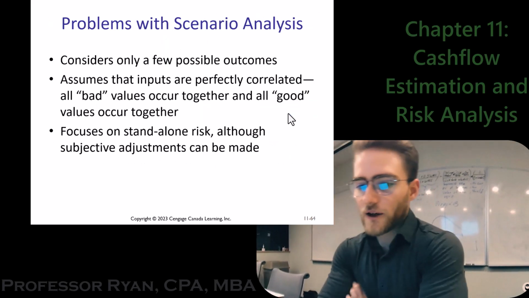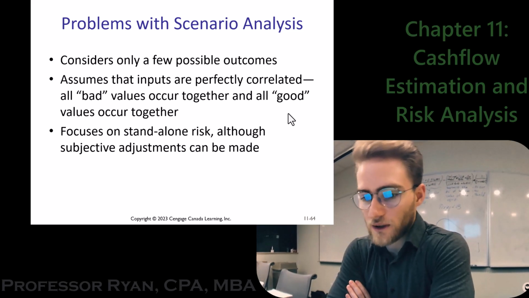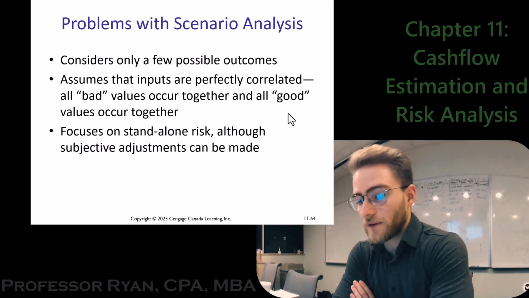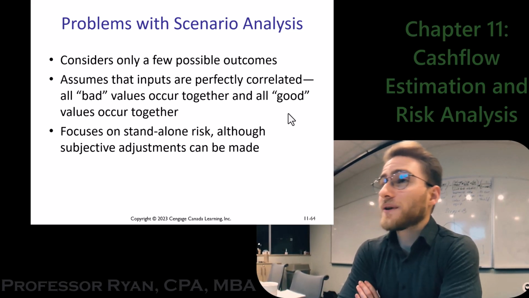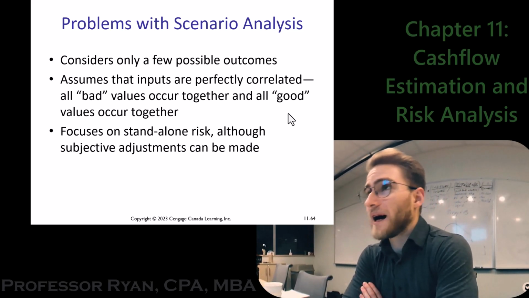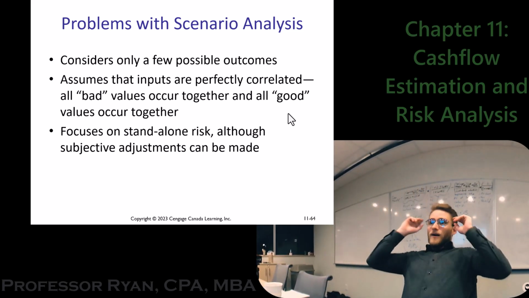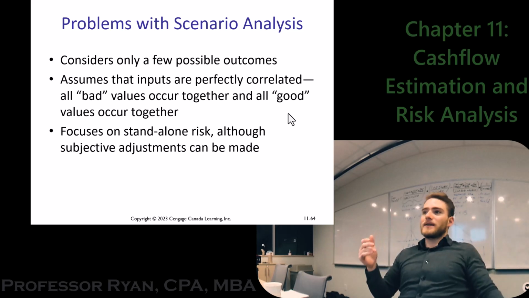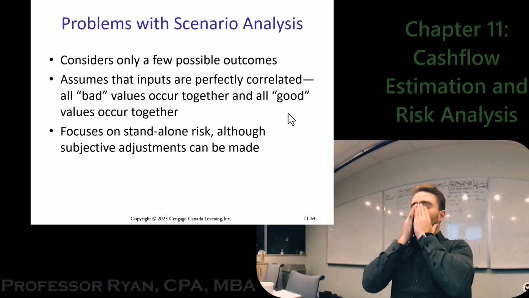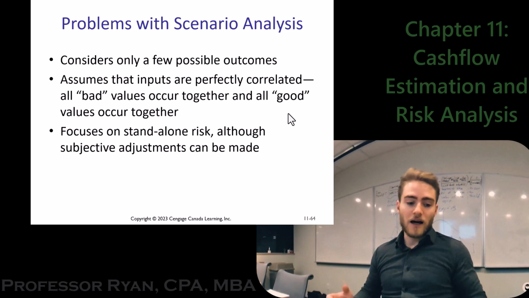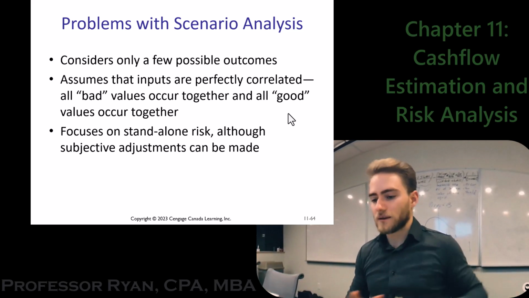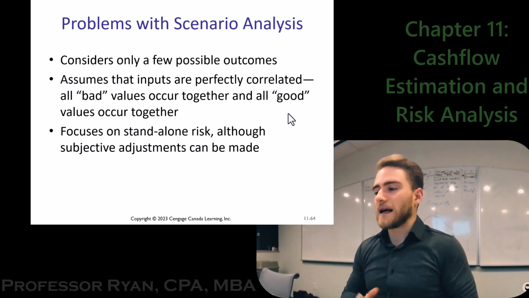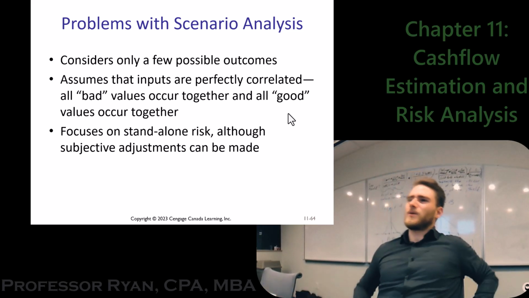So, problems with scenario analysis: it considers only a few possible outcomes. It assumes that the inputs are perfectly correlated. They're not. Some inputs can go good, some inputs can go bad. Funny thing, and you might never expect this, but say the cost of utilities for a gym. I remember I was doing the statements once, and I was like, what in the world?